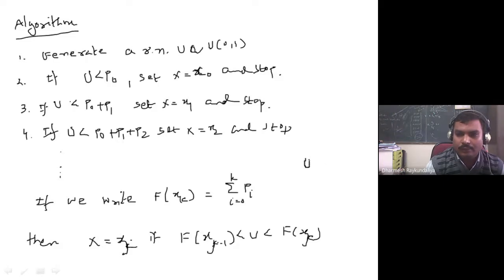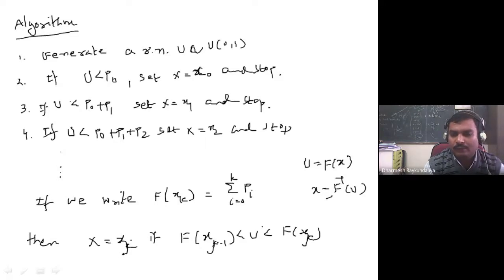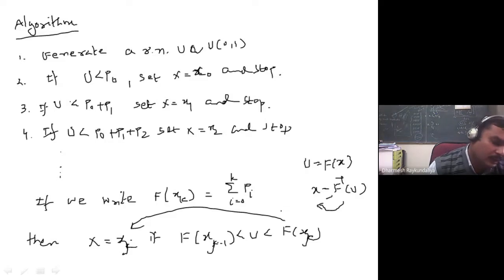In the continuous case, we use u with f of x, so x equals f inverse of u. If we know u and the transformation function, we can generate x. In that way, we are using the discrete inverse transformation method. So let us understand one example so that you can have a better idea.